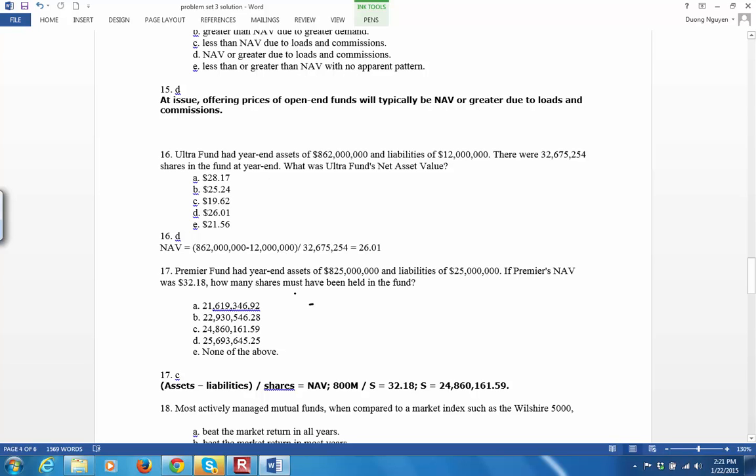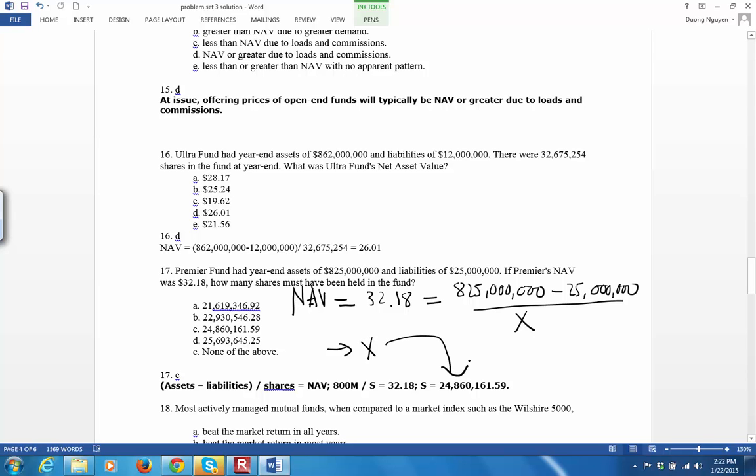You can see that net assets value here is given as 32.18, and it is equal to $825 million minus the liabilities, which is 25 million, divided by the number of shares, which is X, and then you solve for X and you will get this number. That is how many shares are outstanding for the fund.